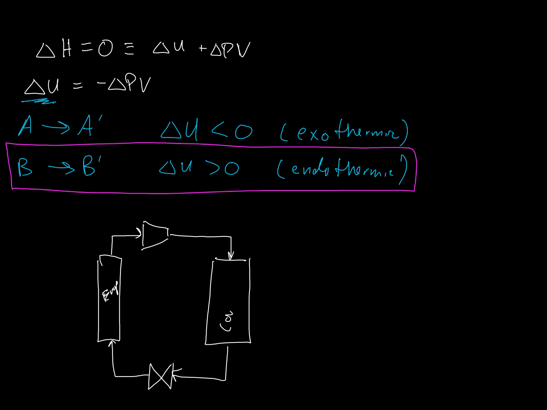Here we have the condenser. This is our compressor. And here is our Joule-Thomson valve. We have work coming in to the compressor. This is our cooling, Q dot cooling. And we're rejecting heat, Q dot hot.